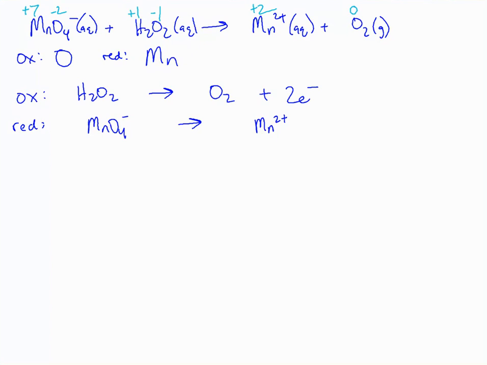Reduction means gaining electrons. When we're gaining electrons, it's almost like the electrons are a reactant, because they're going to be a separate reactant and then they're going to become a part of everything, like a product. Okay, now we have to figure out exactly how many we need.